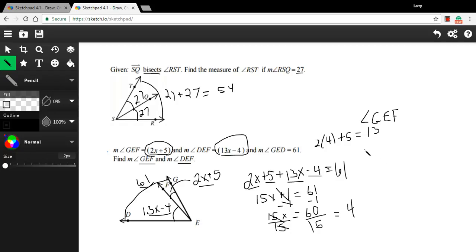So we'll put 4 in for x. We get 13 times 4 minus 4. And 13 times 4 would be 52 minus 4. I think that's 48. Might want to check my arithmetic there. So that is angle DEF. And that is what they were asking for in the problem. So we have finished that one. A lot of steps in that, but that is the angle addition postulate.